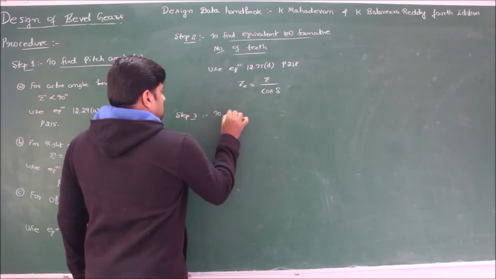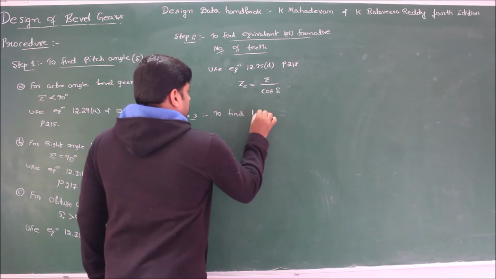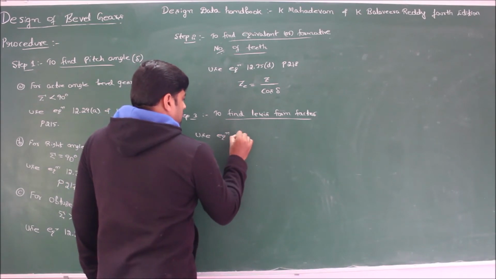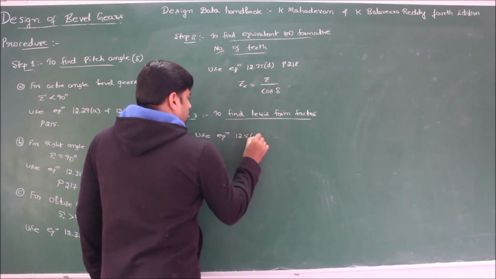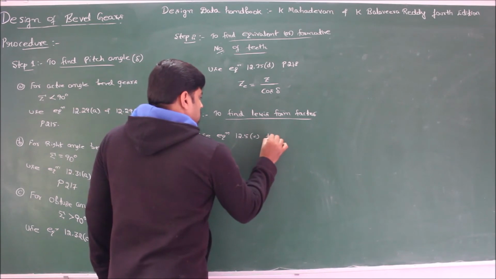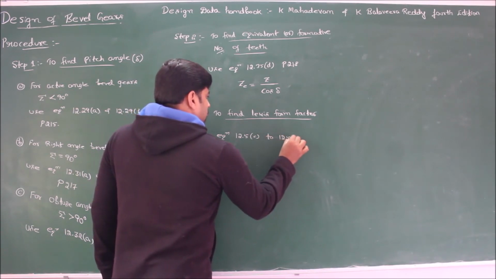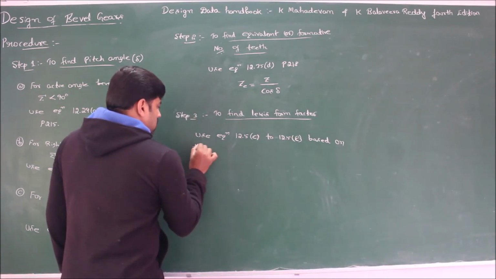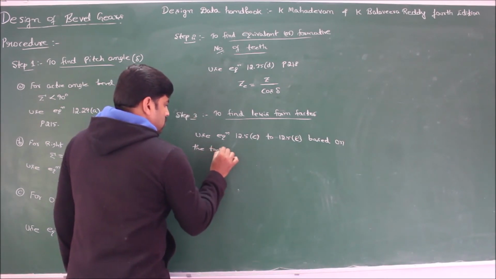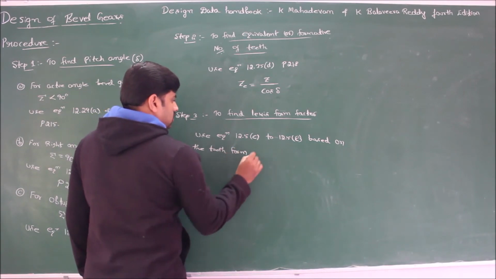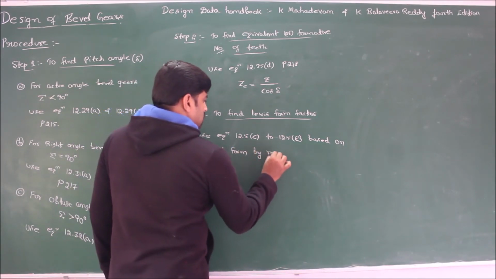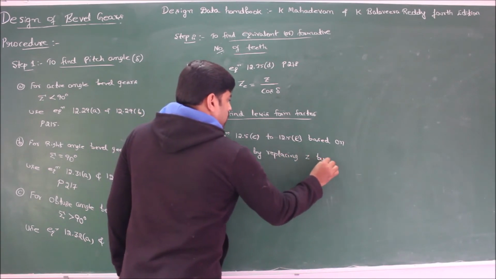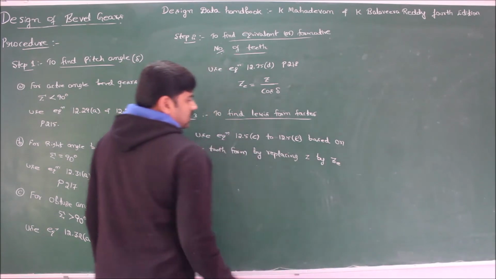to find Lewis form factor. Use equation 12.5c to 12.5e based on the tooth form by replacing Z by Z equivalent.